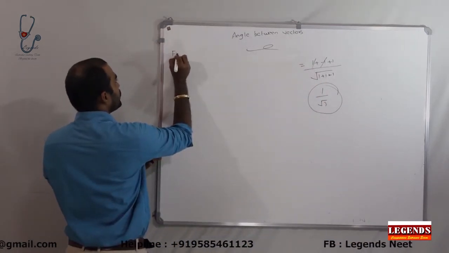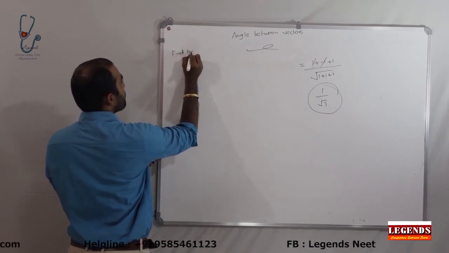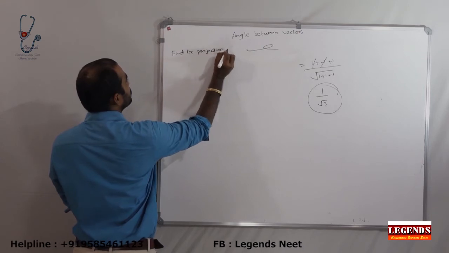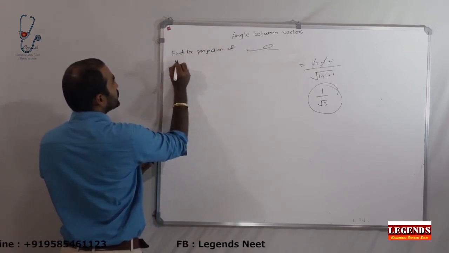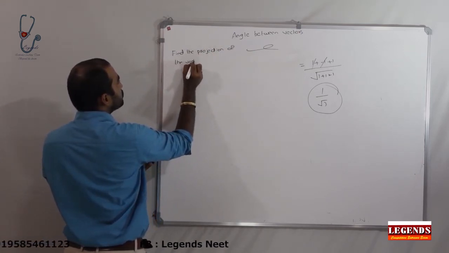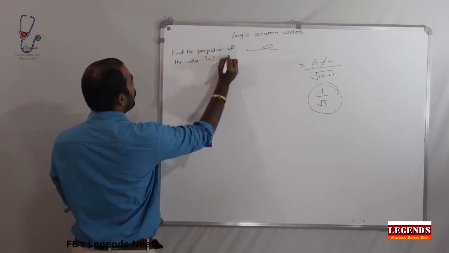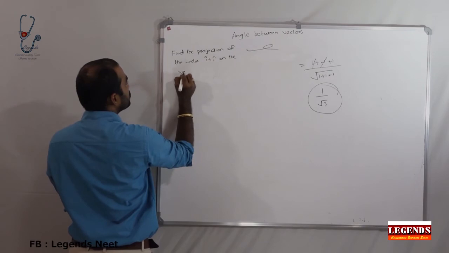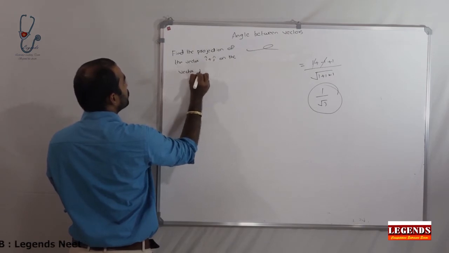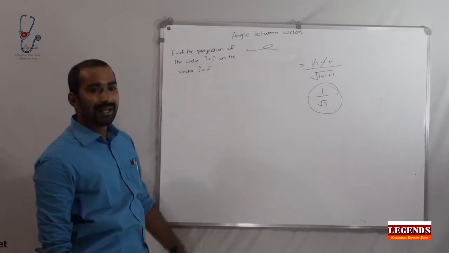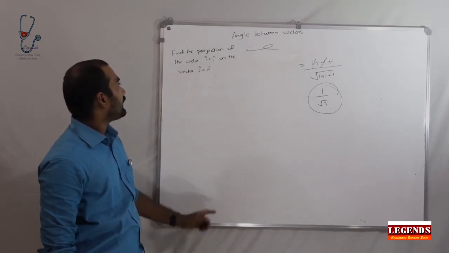Question is, find the projection of the vector i plus j on the vector j plus k.